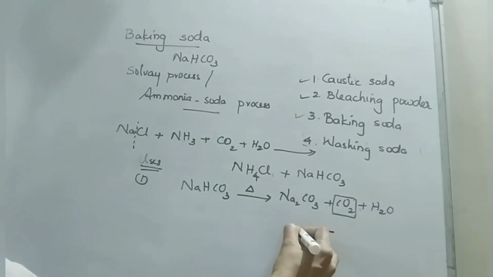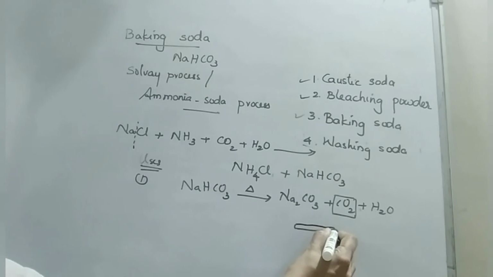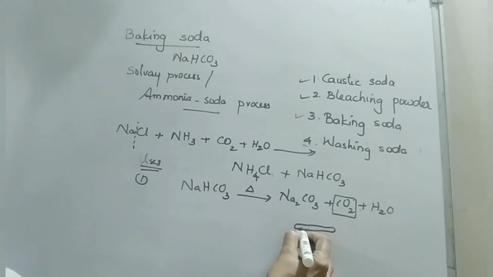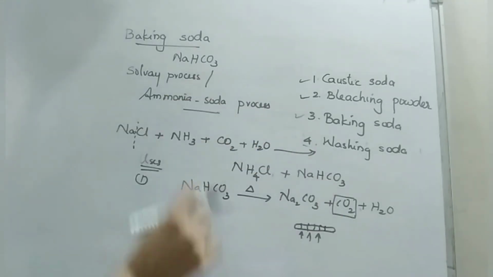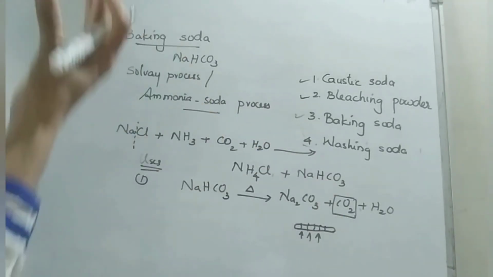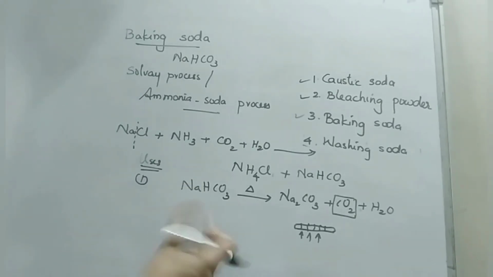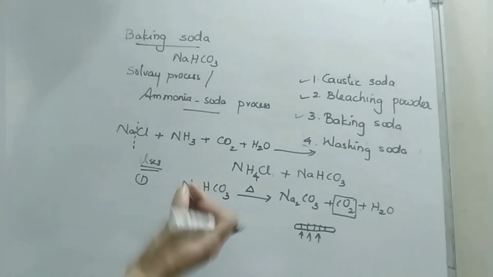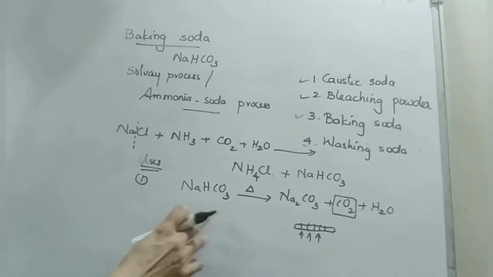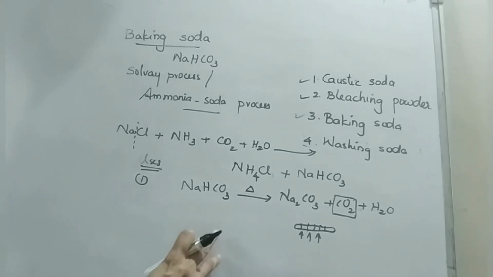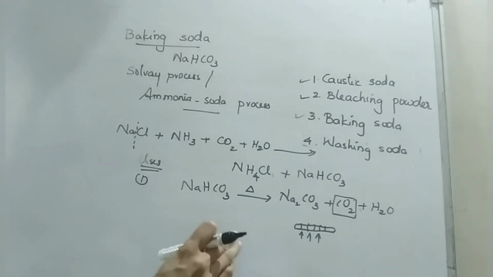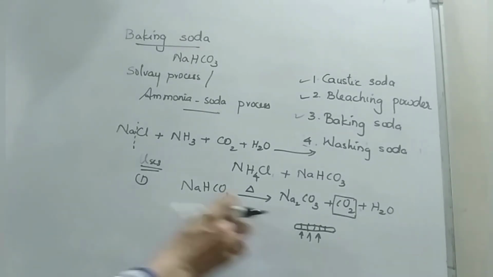Look at a cake or bread: when we bake, meaning heat, the carbon dioxide gas is released, so many holes we can see. The gas releases out and forms holes over there. So that is that reaction. So the first use is this carbon dioxide gas, which during this reaction causes bread or cake to become soft and spongy.